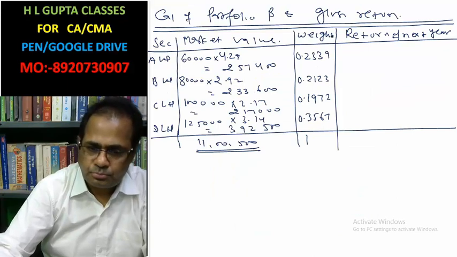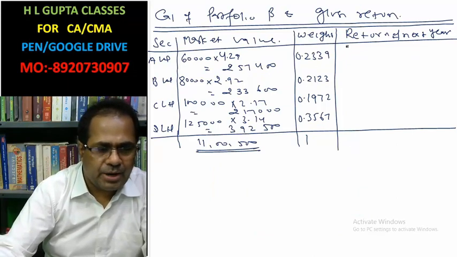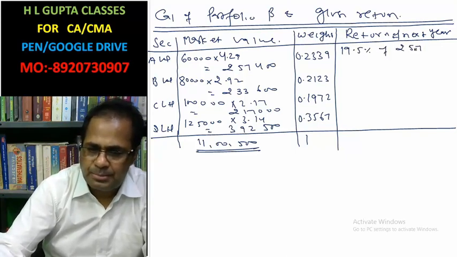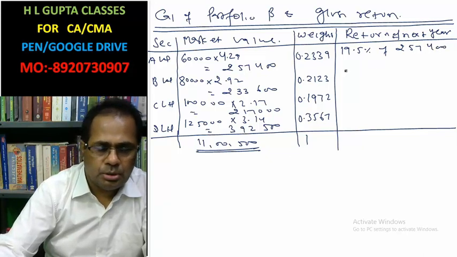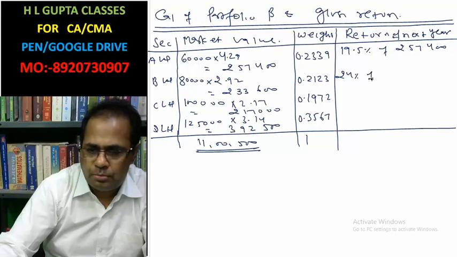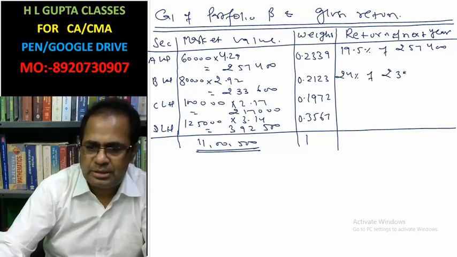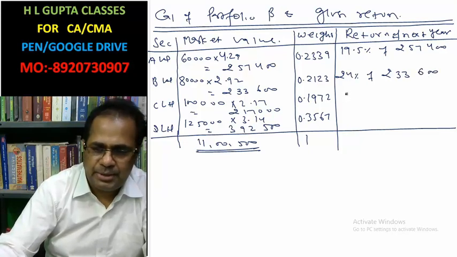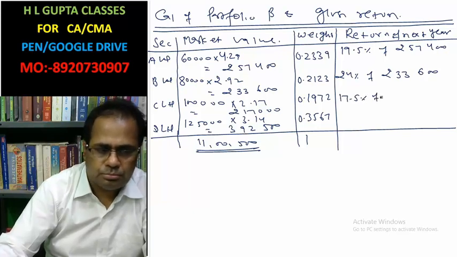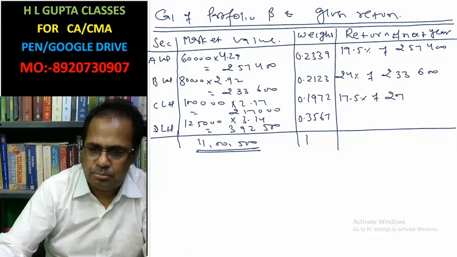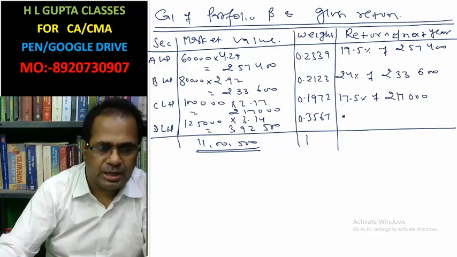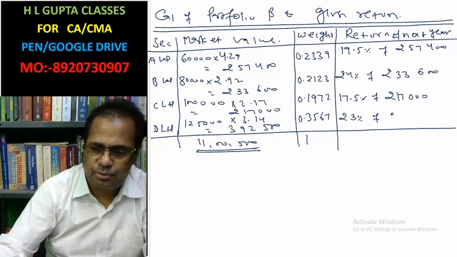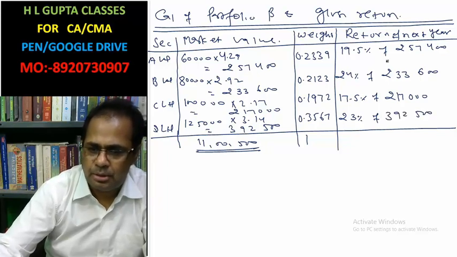Look at it: 19.5% of 2,57,400, 24% of 2,33,600, 17.5% of 2,17,000, and lastly 23% of 3,92,500.